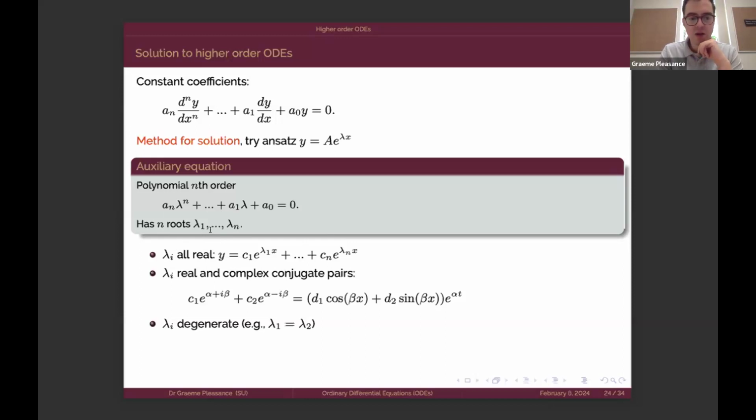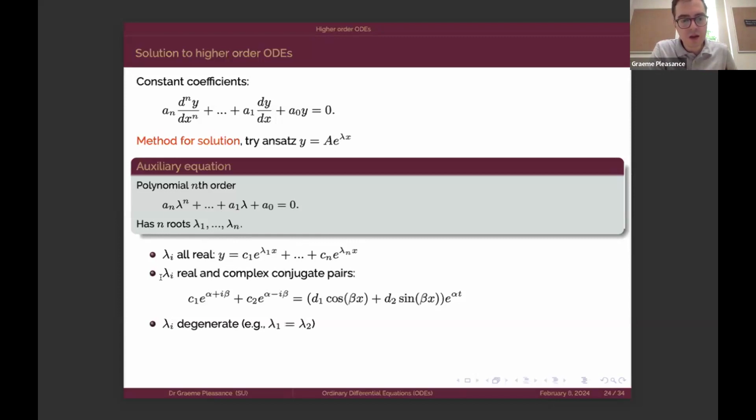In the case where all these roots are real, our solution to our nth order ODE can be expressed as a sum of exponentials, each depending on some coefficients c and also these roots lambda.